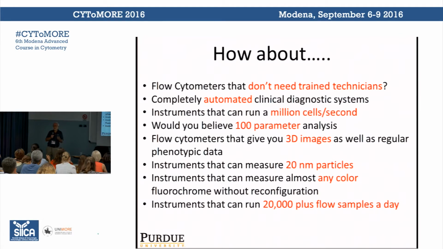Could you imagine running 1 million events per second? Again, it sounds a little bit ridiculous, but it only sounds ridiculous if you are thinking based on what you might have in your lab now or what you do on a daily basis.